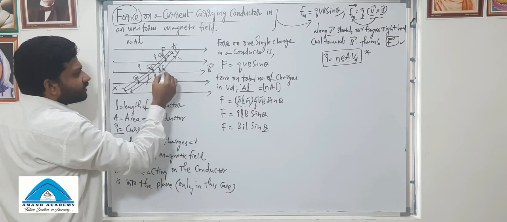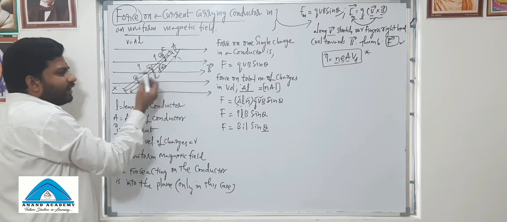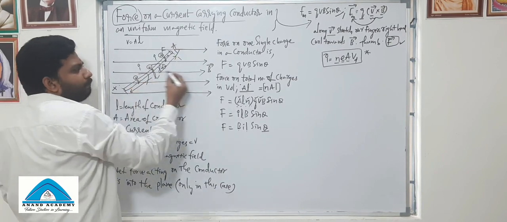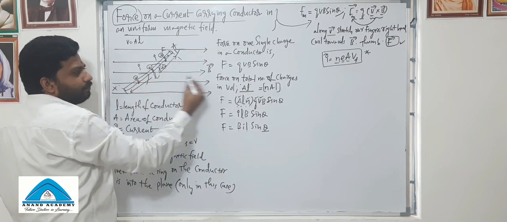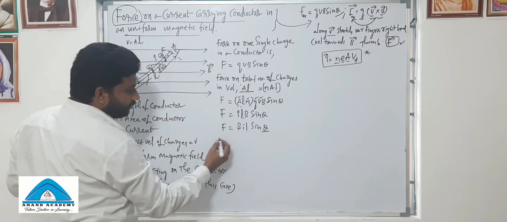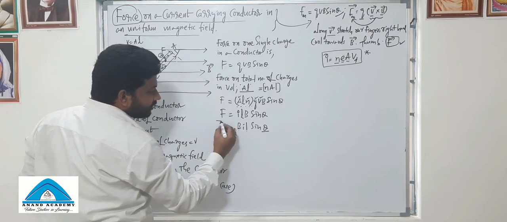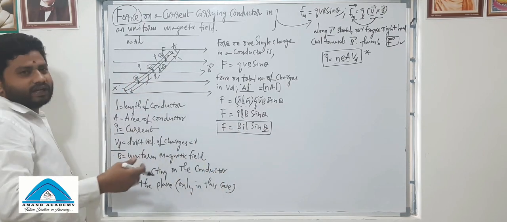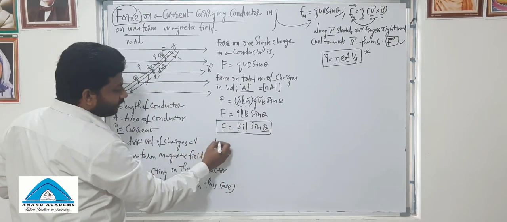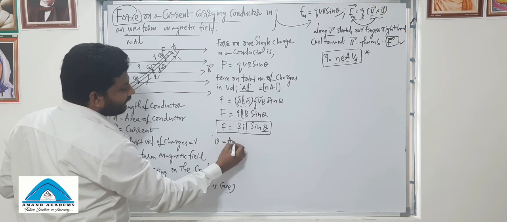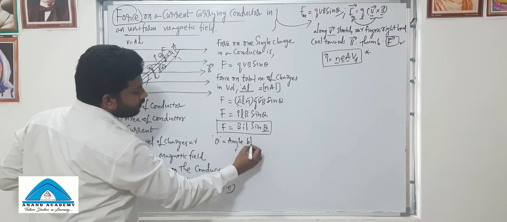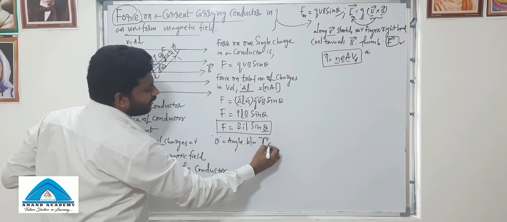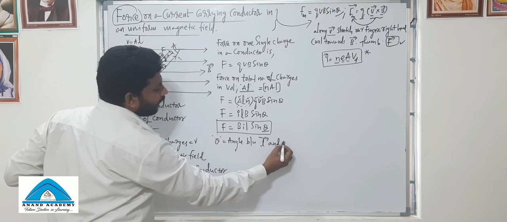What is theta? Theta is between L bar and B bar. Now this is the magnitude we have got here, so we will be writing it in the vector form. So theta is the angle between L bar and B bar.